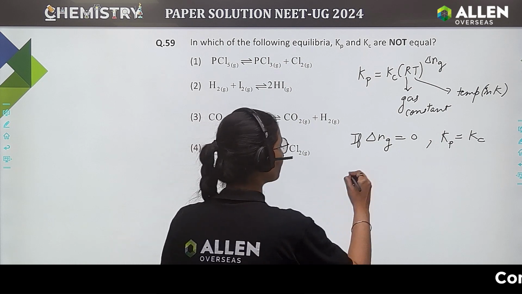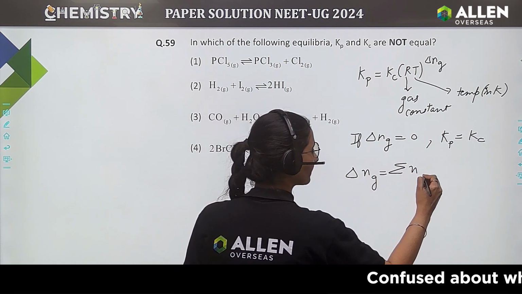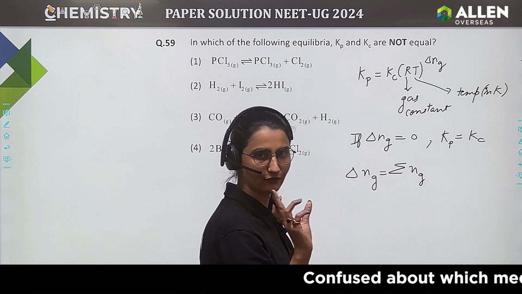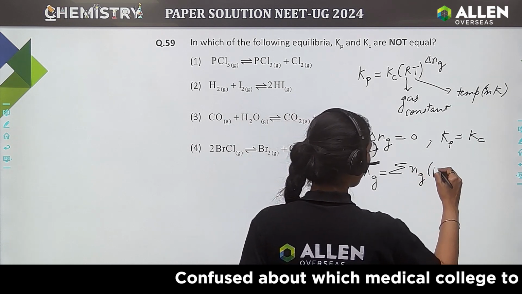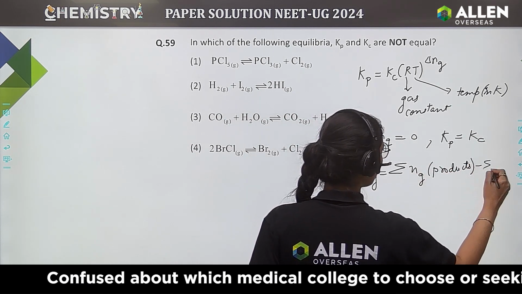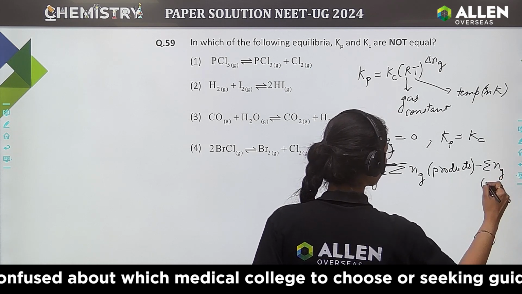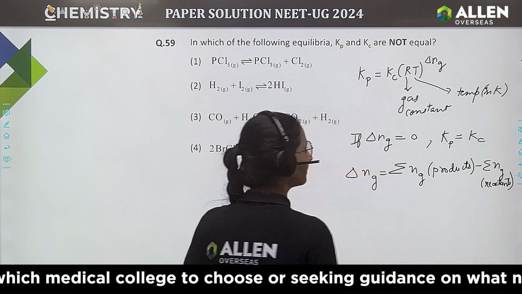Delta Ng is the sum of gaseous moles of products, only gaseous we have to take, G stands for gas, minus the sum of gaseous moles of reactants. I'll show you. Let's check.